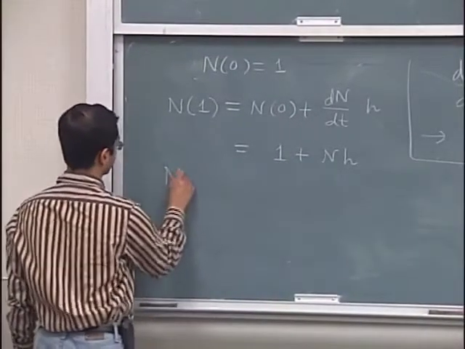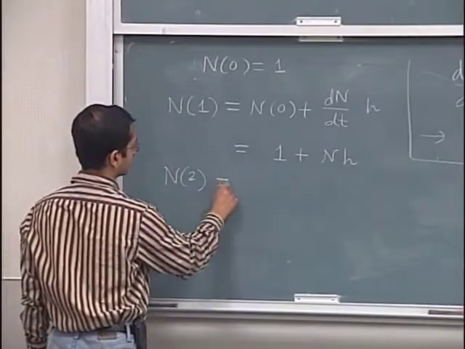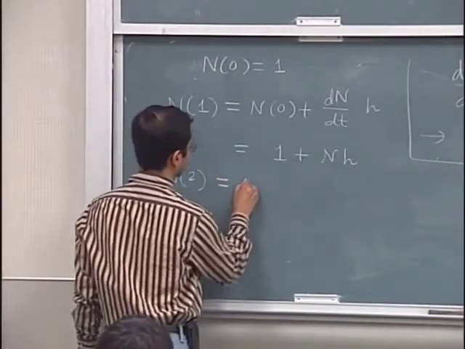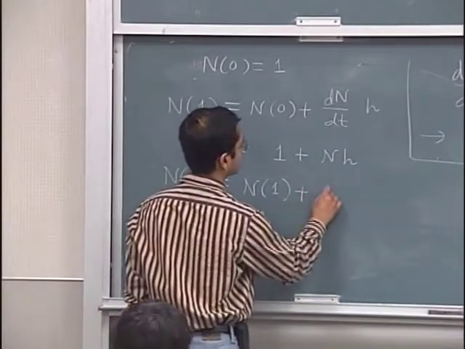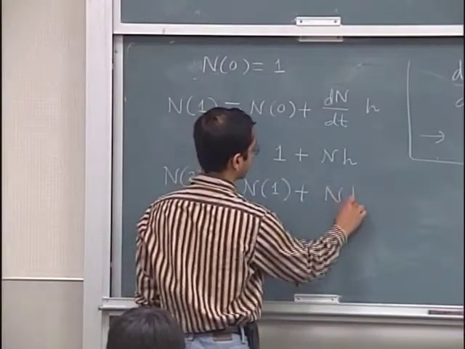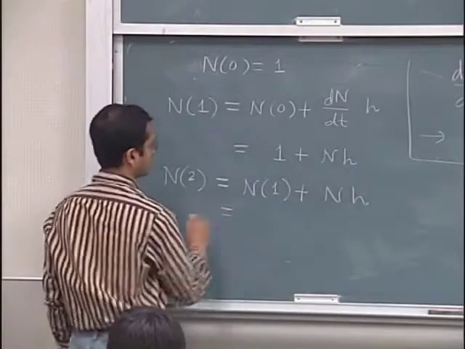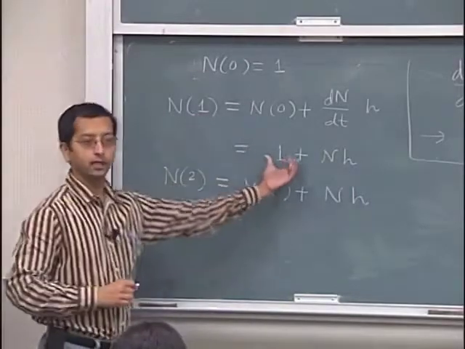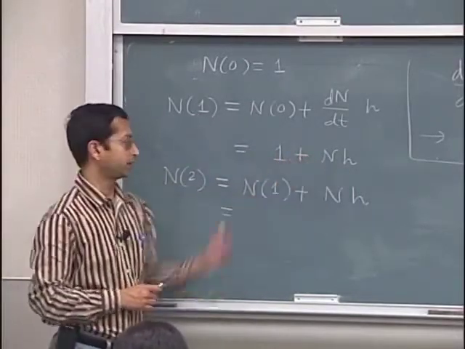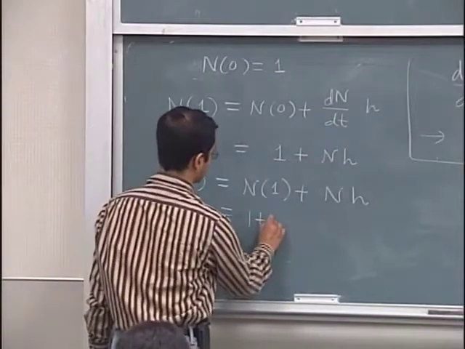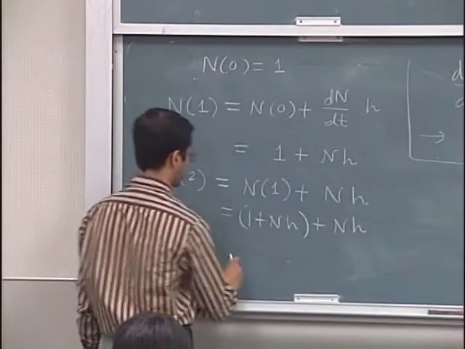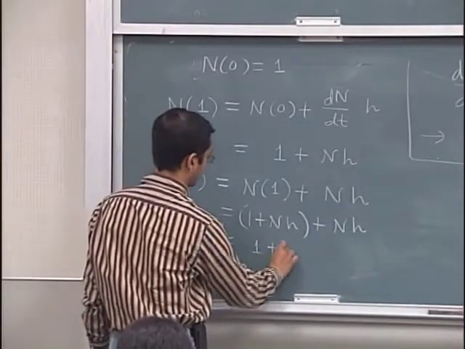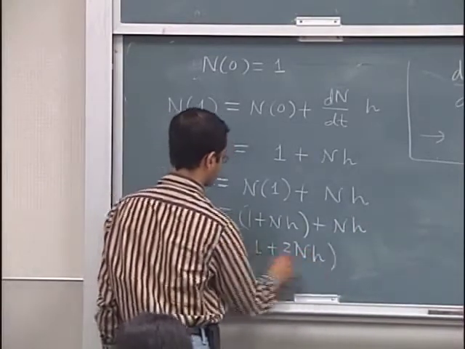Now you do N2, you get N1 plus n times h. Now what is N1? N1 you already calculated to be 1 plus nh. So it's 1 plus nh plus nh equals 1 plus 2nh.